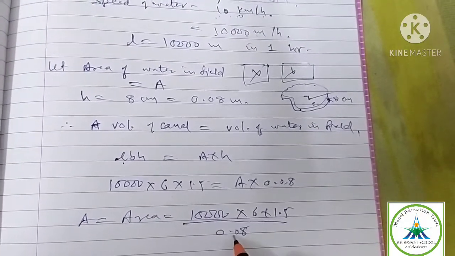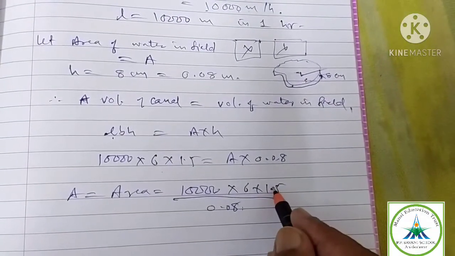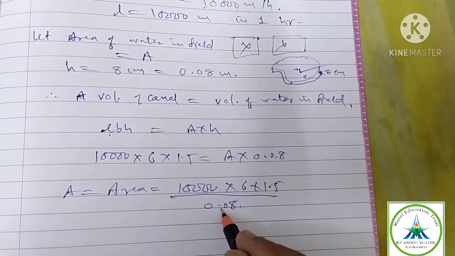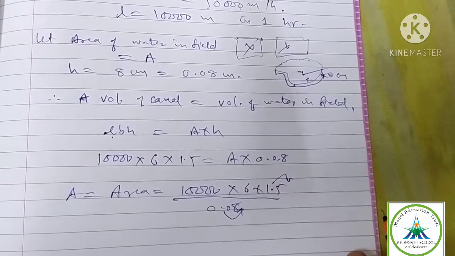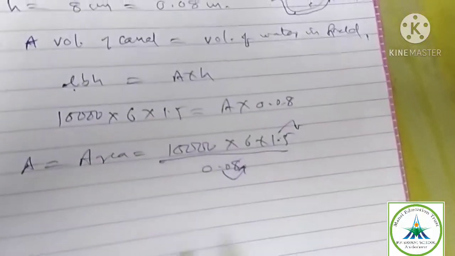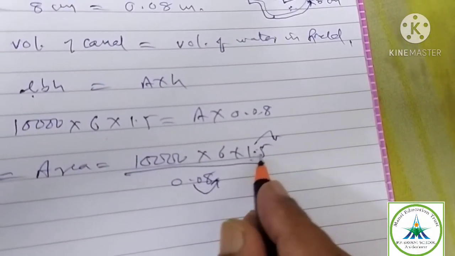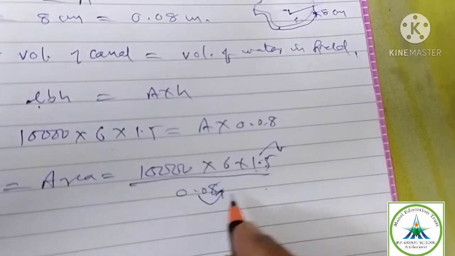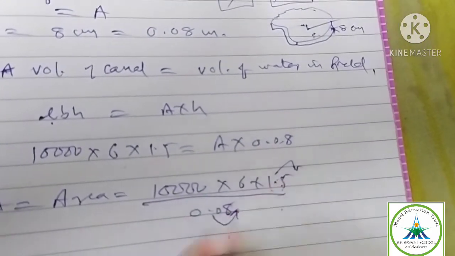Now see, remove this decimal. We are getting it now. If we shift by 2 places, you must know this removal of decimals. And if you don't know, a simple way: this 1.5 is 15 upon 10, and 0.08 means 8 upon 100, so this 100 will go up.